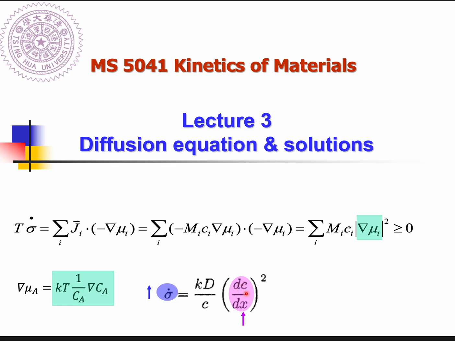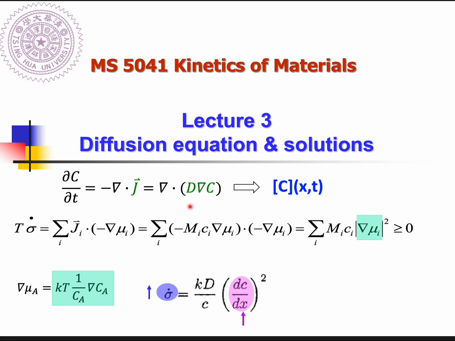So this is the reason why we need to formulate the diffusion equation and get the corresponding solutions in mass transport. The diffusion equation we derived in a previous slide, right? And here the concentration is a function of x location and time.